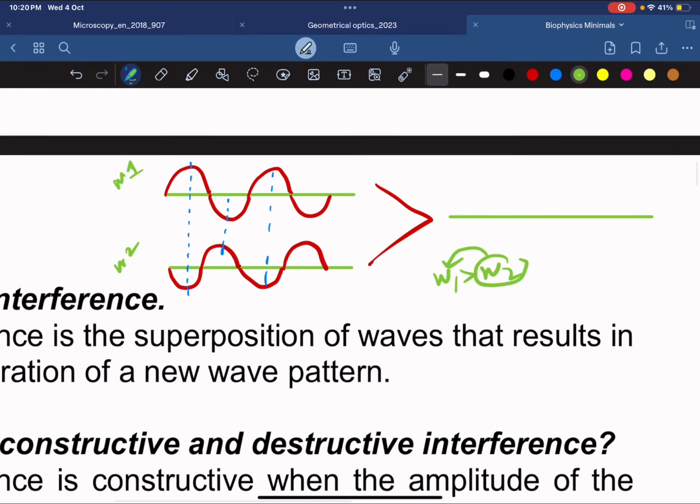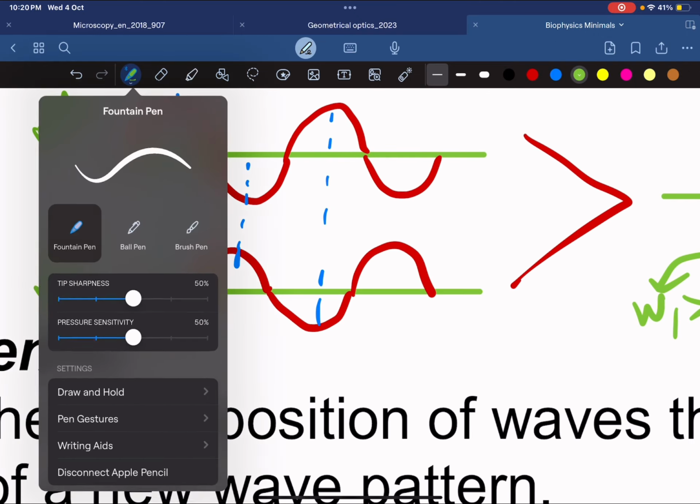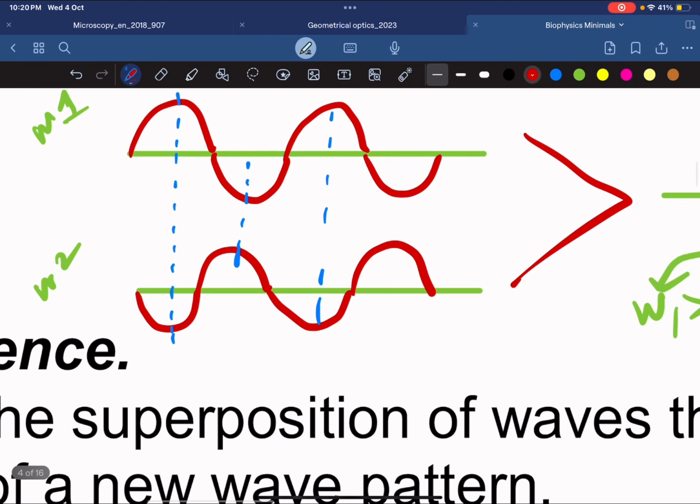Let's try to make this a little bit more clear. Let's reduce their amplitudes a lot. Oh no, this is going to be constructive, I'm sorry.